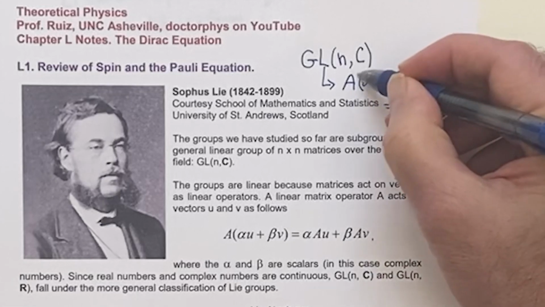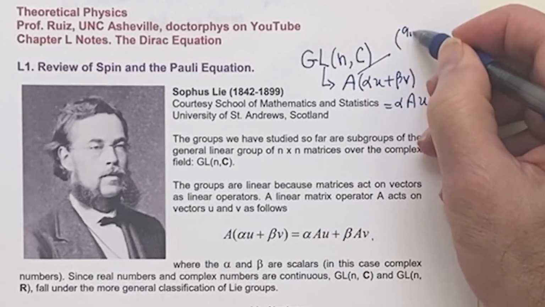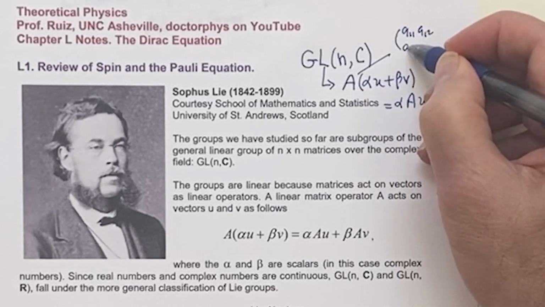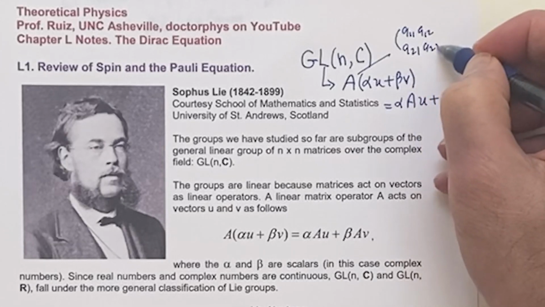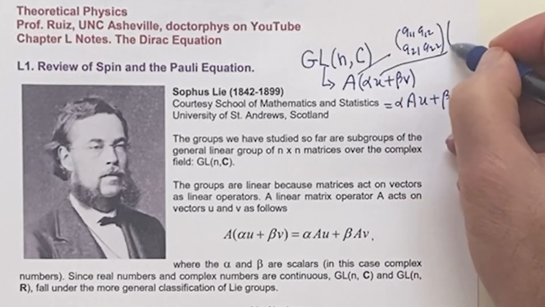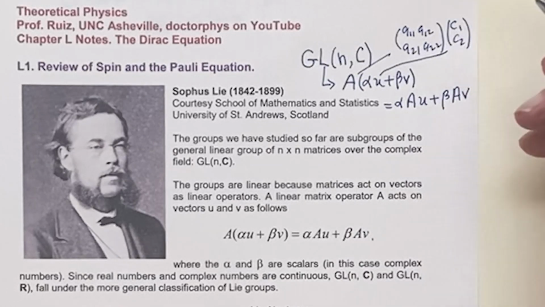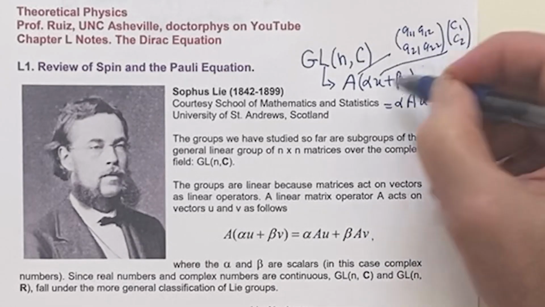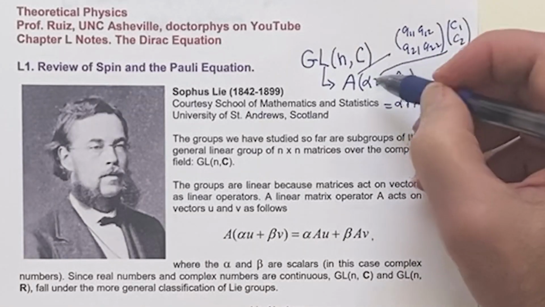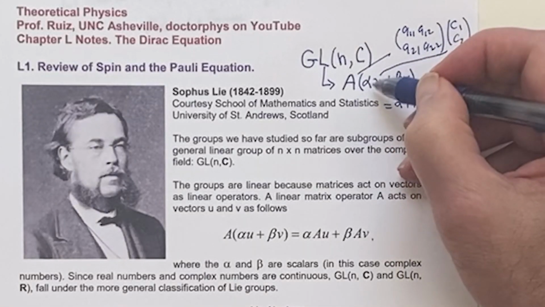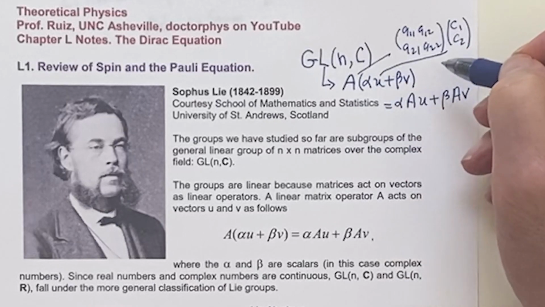So you can think of this A as like an A11, an A12, an A21, and A22, and this U could be here like a C1 and a C2, for example. And this is a linear property where you can operate on the first one and then plus operate on the second one.